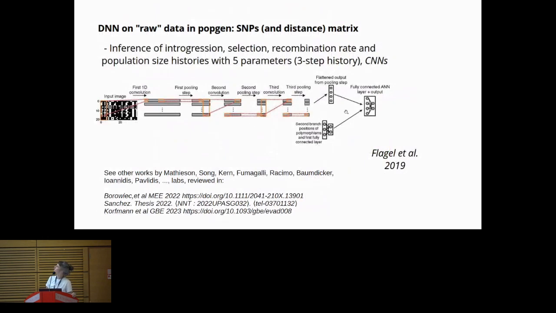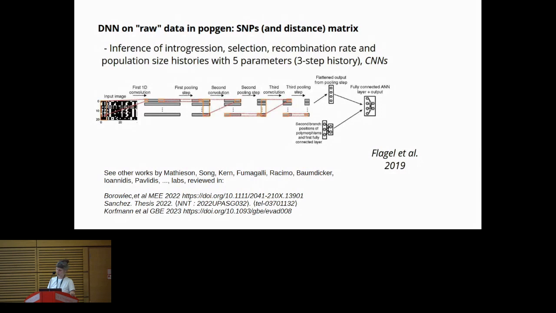I think the first paper was maybe in 2018 or so that really tried to use directly the SNP matrix. Because I'm in the population genetic world, I simplify things a bit. So I'm just interested in positions where at least one individual in my collection differs from the others, and also simple positions where there is just one nucleotide that changes.